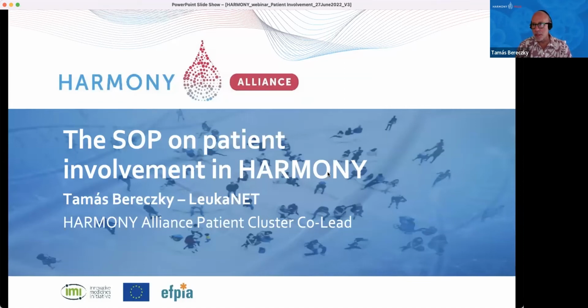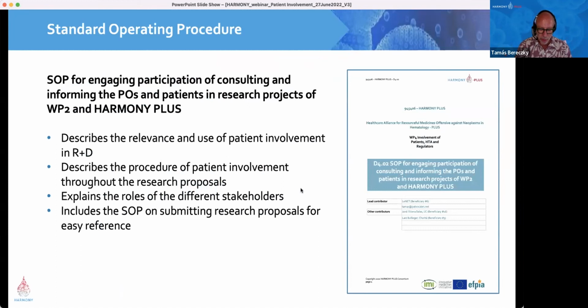Not just propose, this is actually a required deliverable of the Harmony Plus project, and it applies to all research proposals that are submitted to the Harmony platform. The standard operating procedure is not a very complicated thing, and we've tried to design this in a very straightforward and easy to use, easy to follow manner.